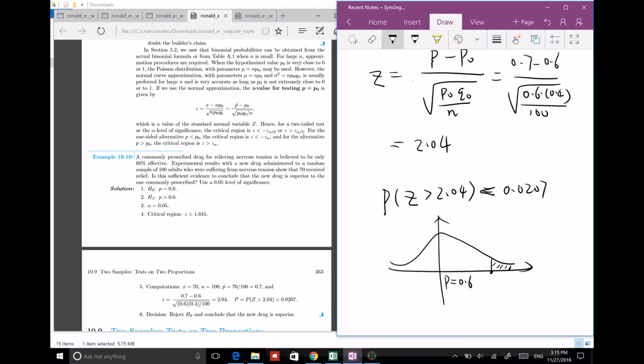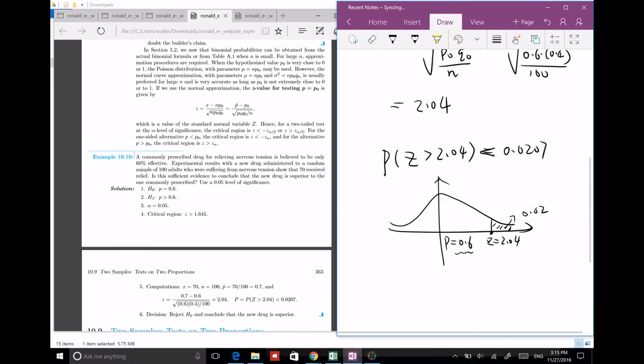The z-score is 2.04, but you can see there's only 0.02 right here. So it's really far away from p equals 0.6.